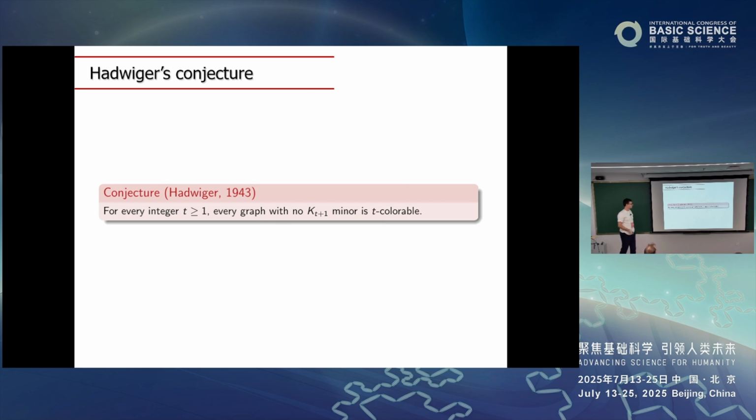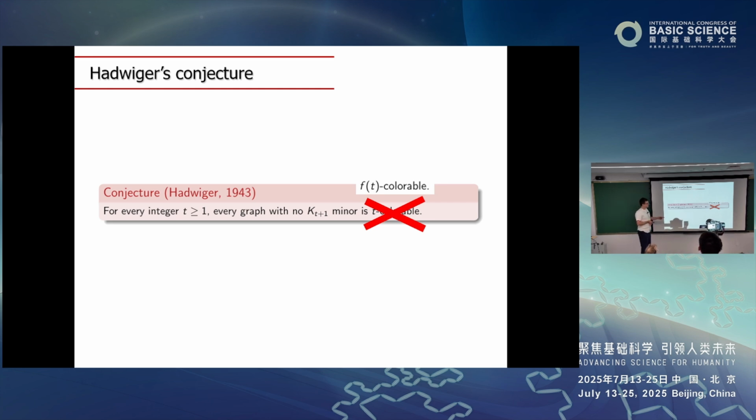So what can we do? We are asked to show that every graph with no complete graph on t plus 1 vertices as a minor is t colorable. Well, maybe let's not be too ambitious. Let's not color with t colors. Let's color with f of t colors, where f of t is going to be bigger than t, but as small as possible. So that's one variation that we can try.